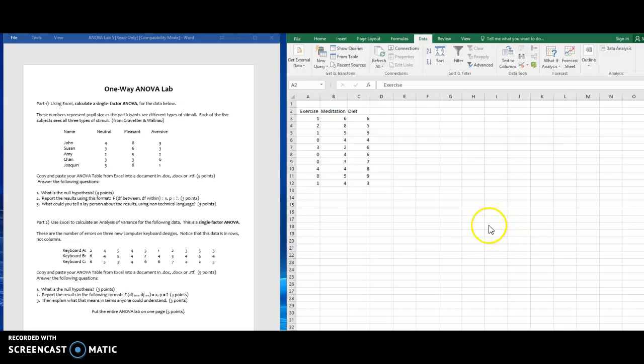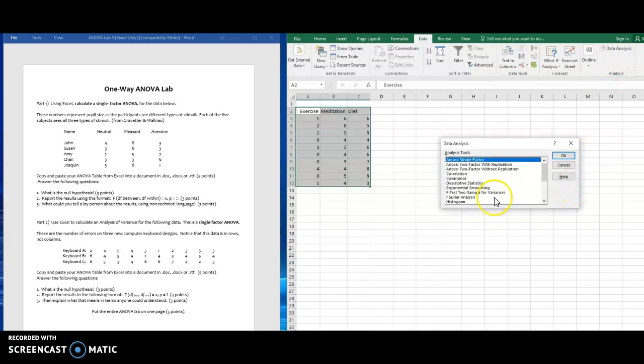All right? So we're going to go to our data analysis up here. Now, if you don't have that, you need to load the add-in. So go back to our correlation and regression chapter, and I put another link to that, how to do the data analysis add-in, and watch that first. But we've got it here, so we're going to click on it. And at the very top are the ANOVAs.